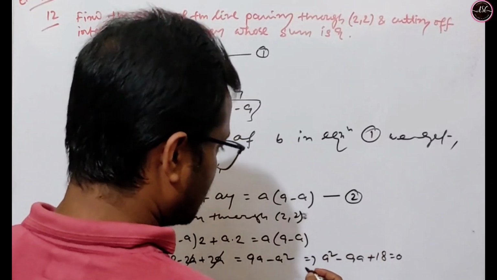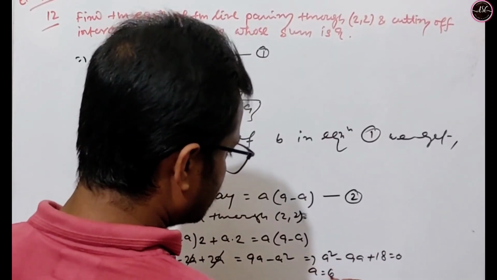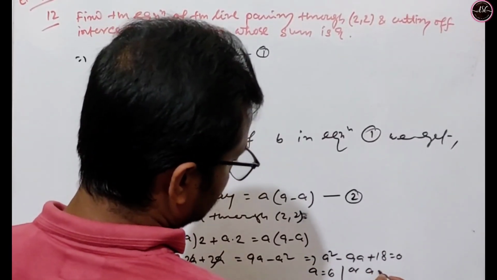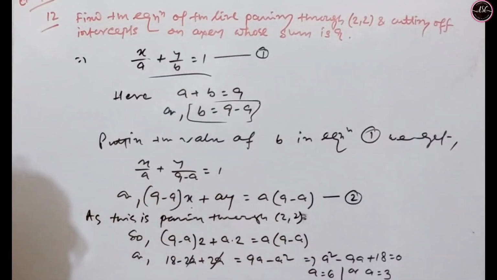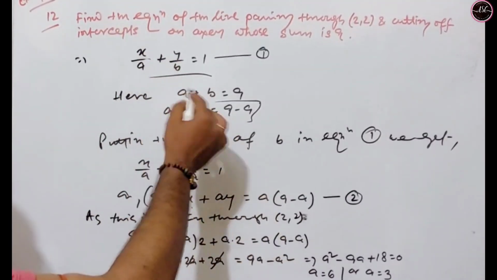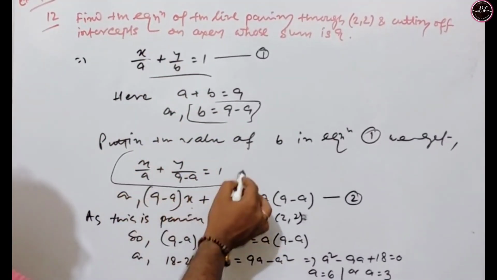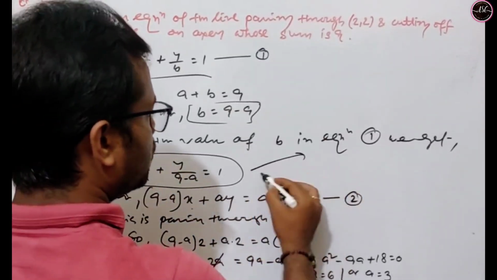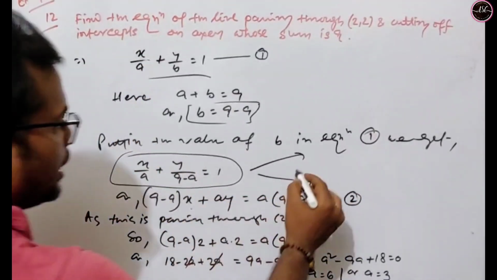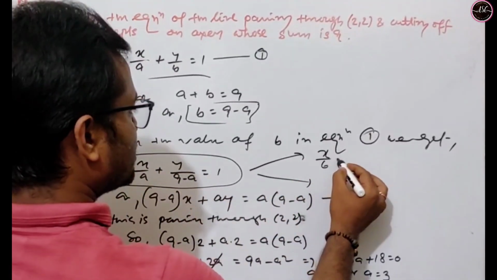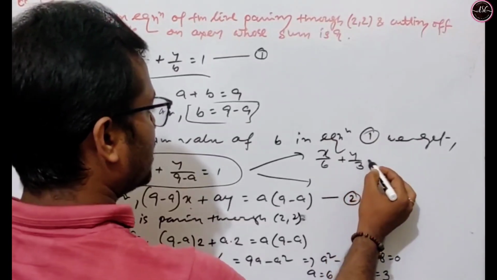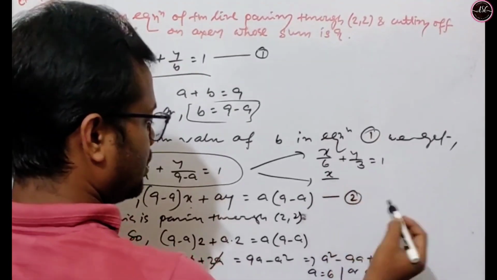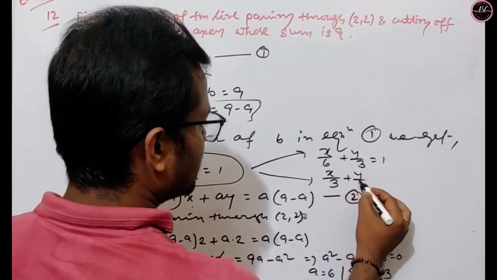If we factor this we get a equal to 6 or a equal to 3. So, just put here the value of a. The equation will be of two types: x by 6 plus y by 3 equal to 1, or x by 3 plus y by 6 equal to 1.